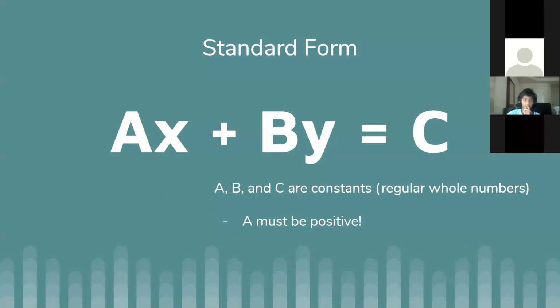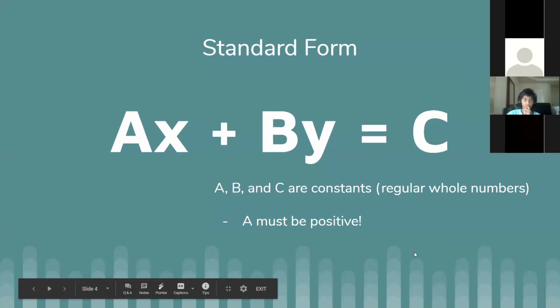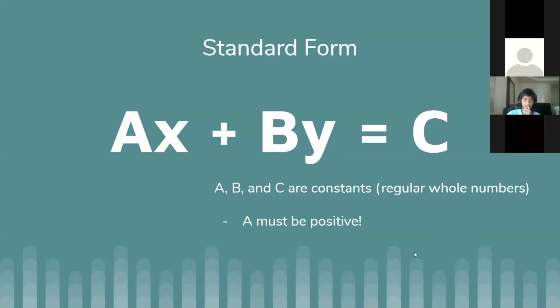And you can easily find the x-intercept and the y-intercept. With slope-intercept form, it was really easy to find the y-intercept because it was literally your b over there. But it might be a little bit harder to find the x-intercept. You would have to do some arithmetic.